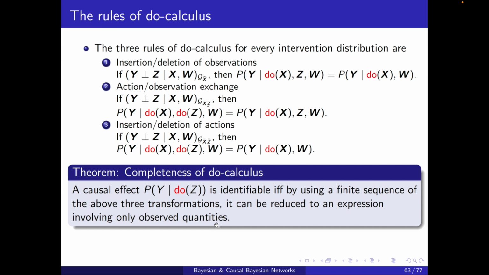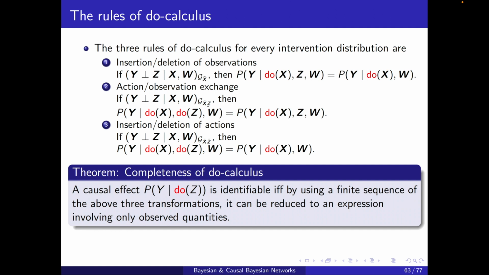So first of all, if I can use a sequence of these rules and break down my intervention query into an observational one, then the query was identifiable. And secondly, if it is identifiable, I should be able to use these to break it down into an observational query. Okay, so it is complete.